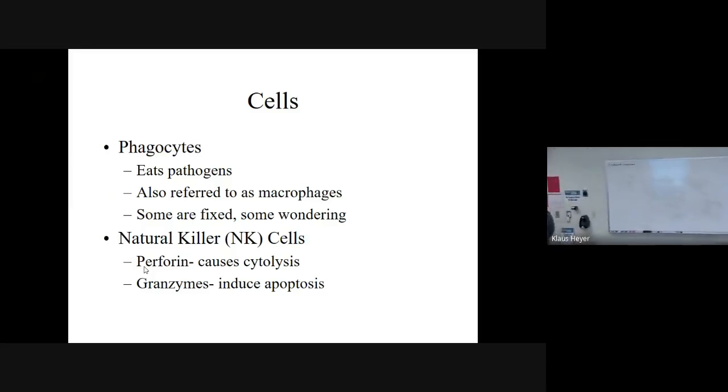The natural killer cells induce what's called apoptosis. That's cell death. It's like, you can imagine it's like cell suicide. Cells have pre-built times in their genetics, and they know it's just time to go.